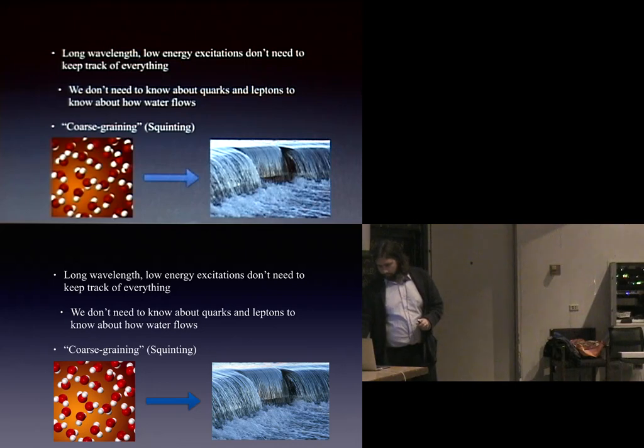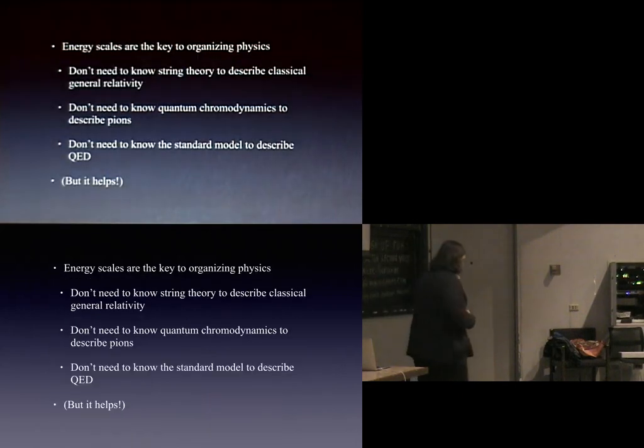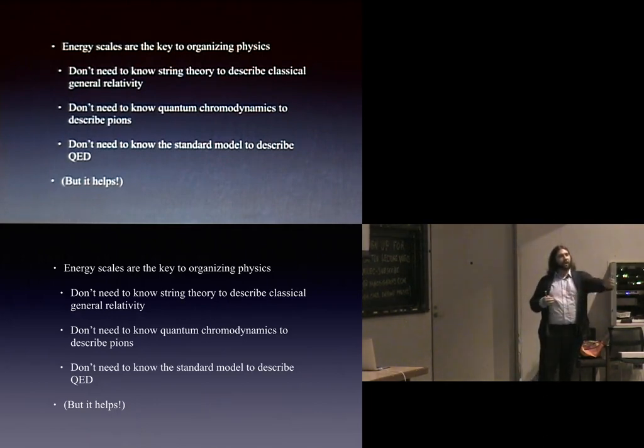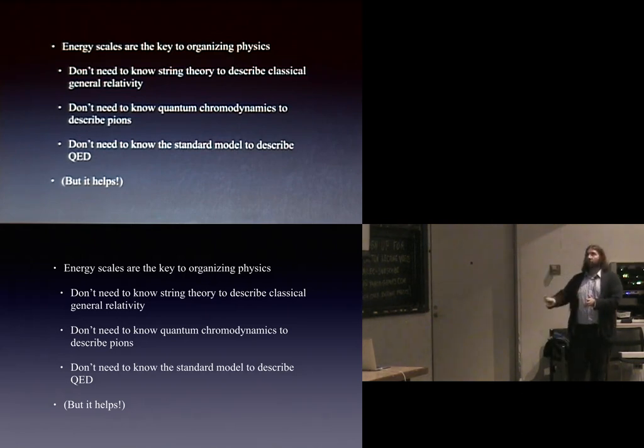Right. Because I can make this relationship between the length scales in my system being large and the energies being smaller, energy scales usually are more commonly used than length scales to organize your system.